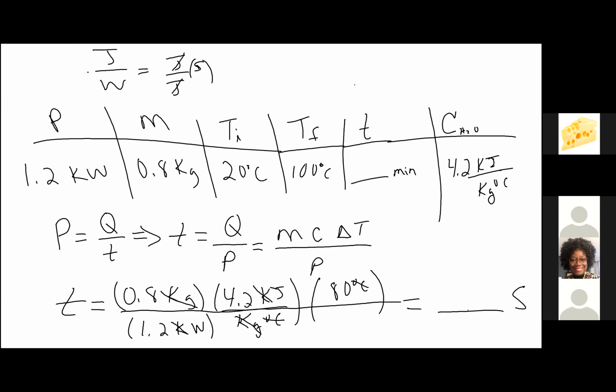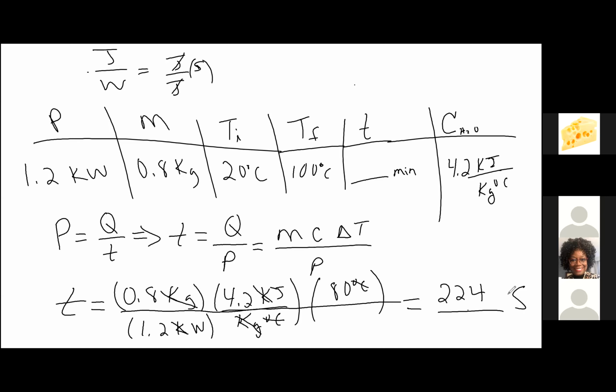So now I just need to do the math. I have 0.8 times 4.2 times 80. I get all that, and I divide that by 1.2, and I get 224 seconds.